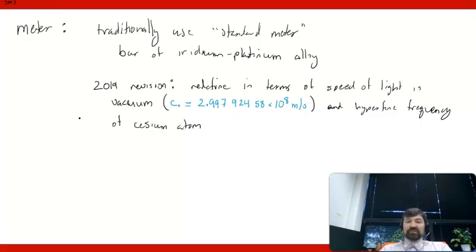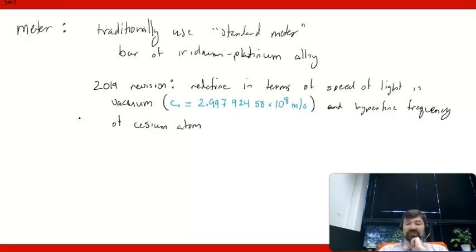So basically you could say in some sense that in 1 second, which is how this hyperfine frequency comes into play, light travels basically this many meters. Okay, and so 1 meter is 1 over this many of the length of space traveled by light in vacuum in 1 second.